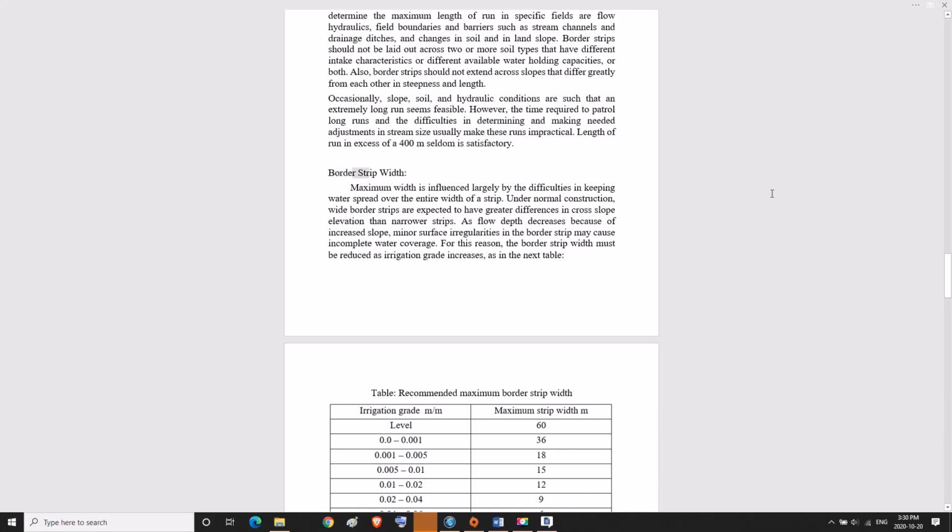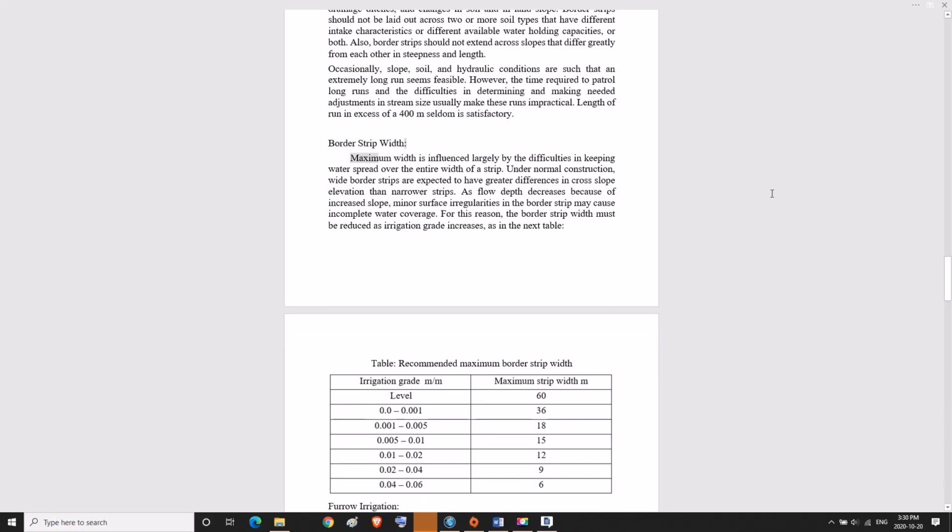Border strip width. Maximum width is influenced largely by the difficulties in keeping water spread over the entire width of a strip. Under normal construction, wide border strips are expected to have greater differences in cross-slope elevation than narrower strips.